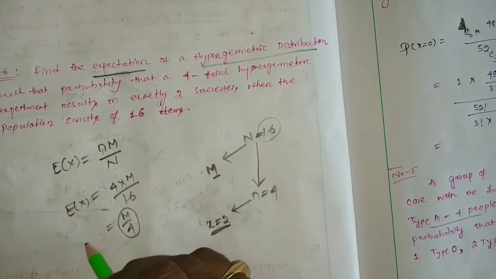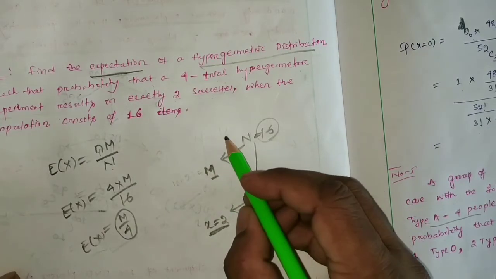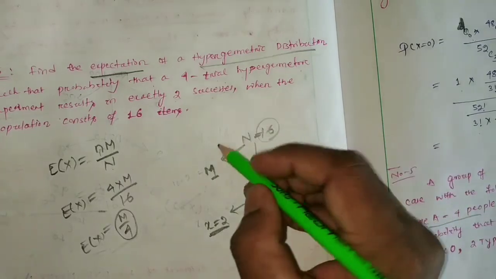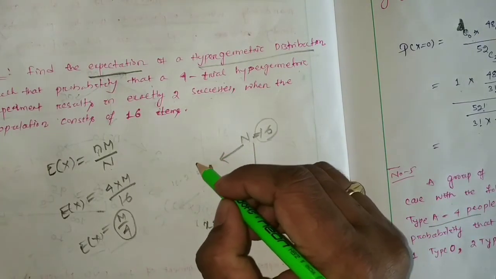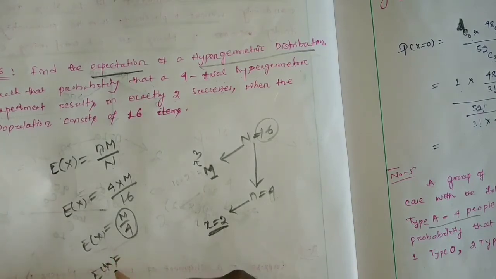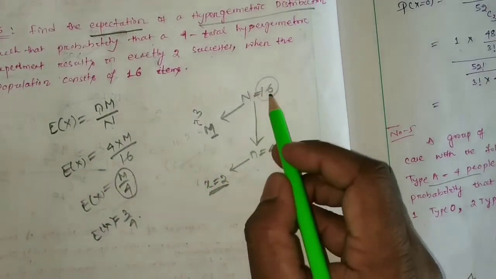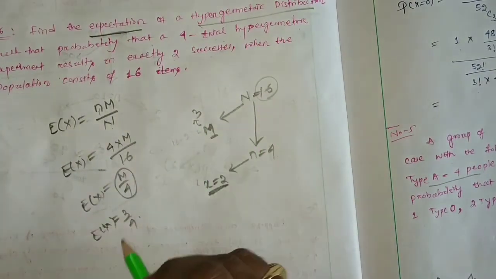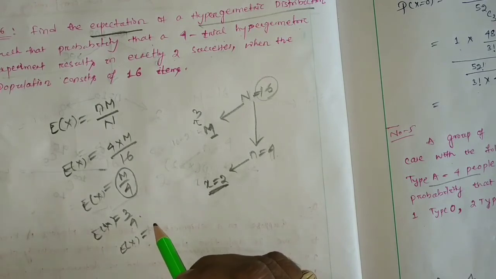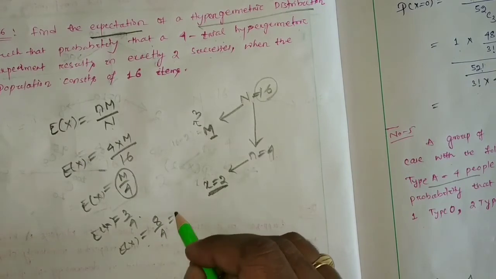If in your question the M value is given, suppose M is 3, the expectation value will be 3 by 4. Suppose M is 8, among 16, 8 total successes, the expectation value will be 8 by 4 equal to 2.